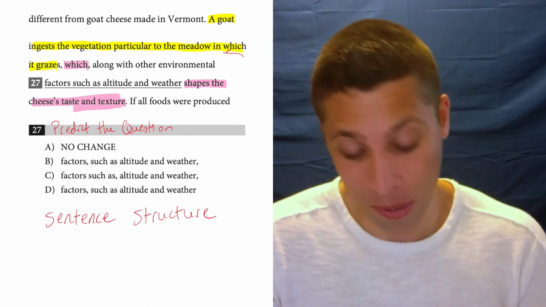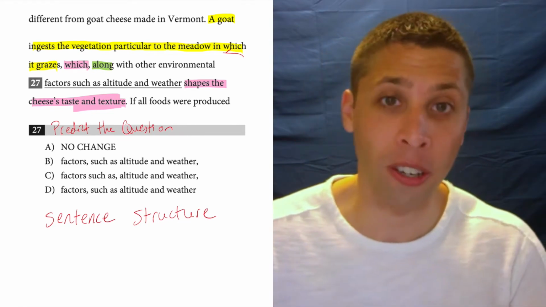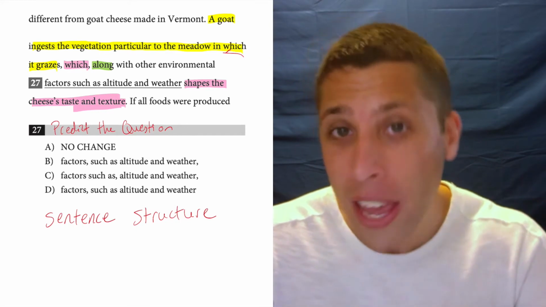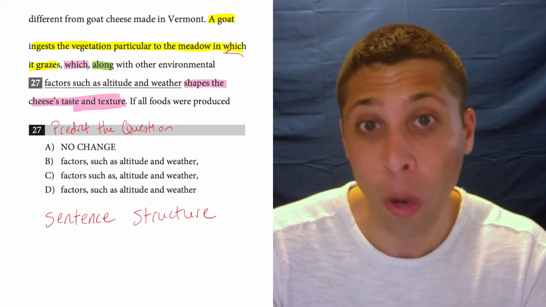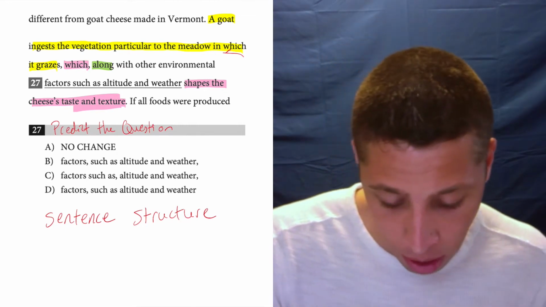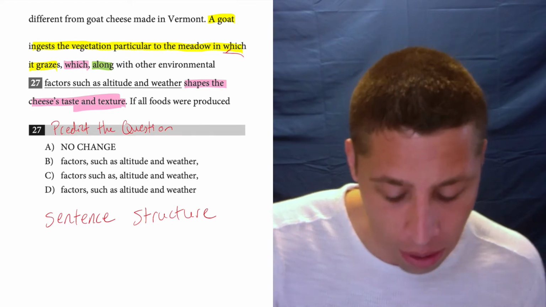So what is this other piece doing? Well, this word along is the start of, like I said, another interruption, another extra thing in this sentence. So we need to see, okay, of this underlined stuff, what goes with it? What is the real interruption here? So, along with other environmental factors such as altitude and weather. So here's the deal.